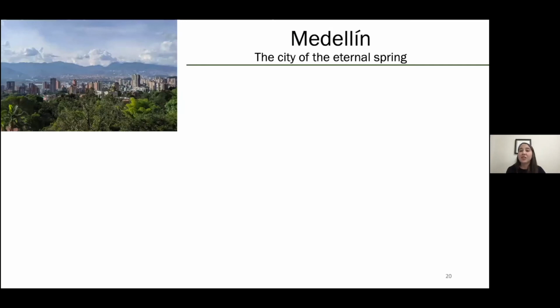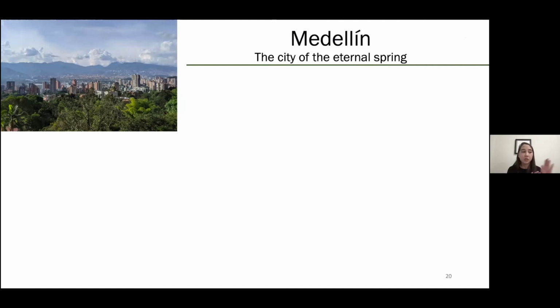I come from Medellin, and if you know me, you probably know that if I start talking about Medellin, I might not stop. I was telling Claudia before we started that Medellin is the city of the eternal spring. We have a temperature of around 22 Celsius, that's like 72 Fahrenheit all year round. So it's pretty much the perfect weather.